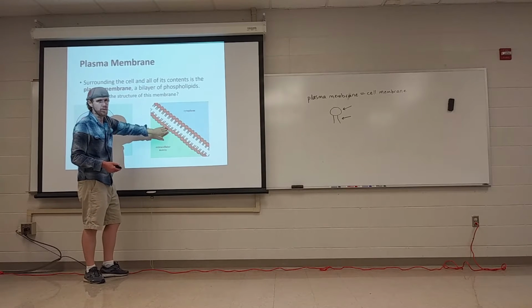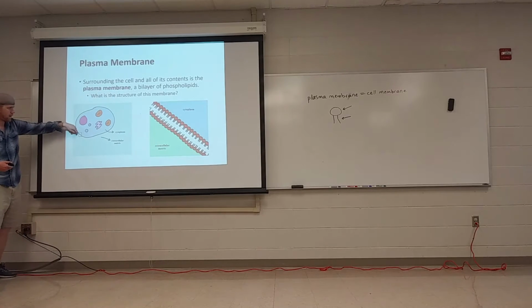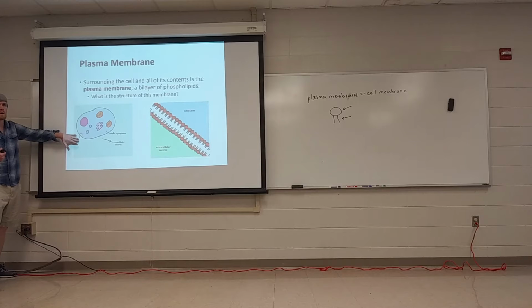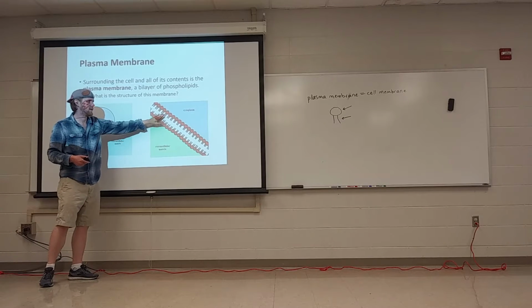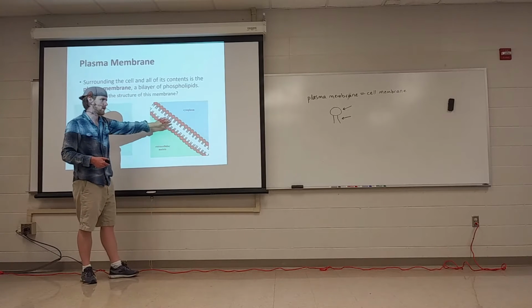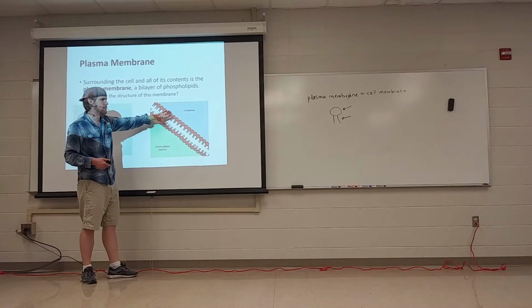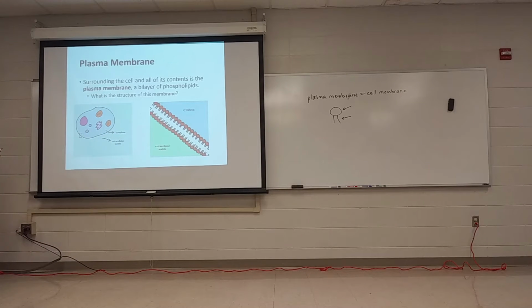The other half of this bilayer has the hydrophilic heads facing out toward the extracellular matrix, which is also aqueous, water-based, and the hydrophobic tails are facing inward. So the tails never touch water, and the hydrophilic heads on both sides of this bilayer face in and out toward water-based solutions.